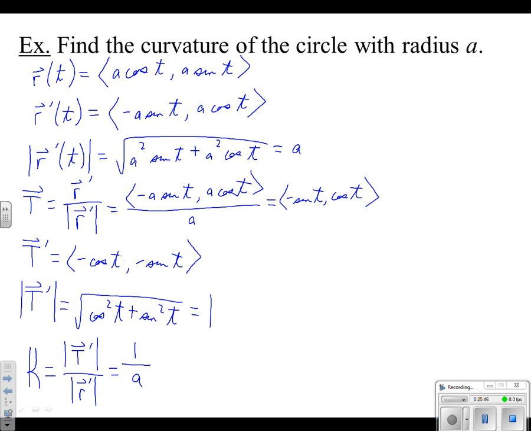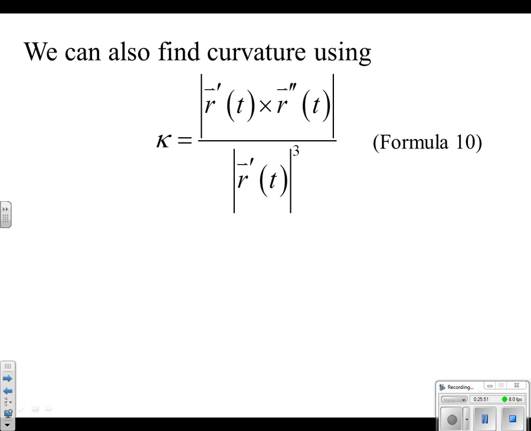All right, so this is one formula for curvature. There are others. Here's one here. You can also find the curvature using this formula. By the way, I don't expect you to memorize which is formula 9 and which is formula 10, but when the homework refers to them, I want to make sure you know what they are. The book calls this formula 10: magnitude of r prime cross r double prime divided by the magnitude of r prime cubed.